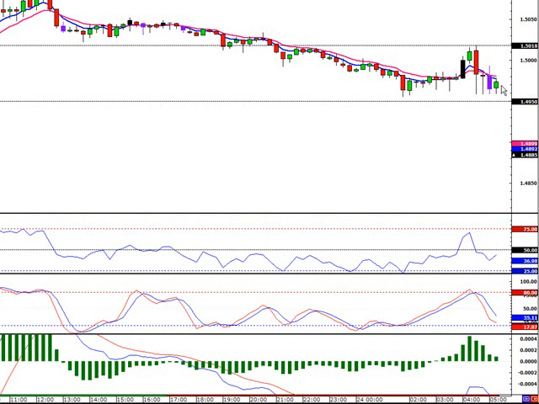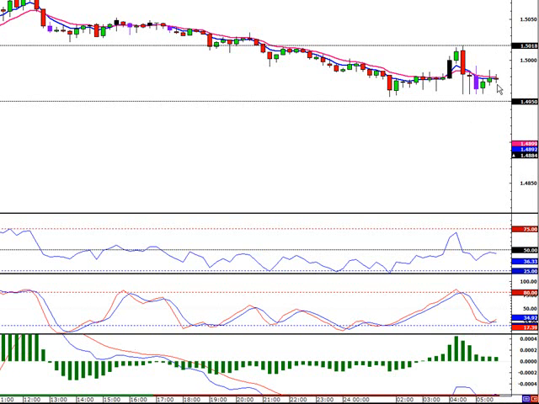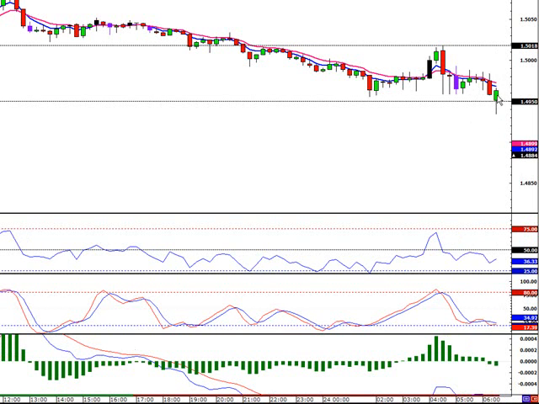So we'll just continue to watch this, and now I can just move forward and see what happens. Moving forward, here you can see that my target was hit. Initially it did make a clean break, so you might have moved your target there, which in any case you would have gotten stopped out anyway.